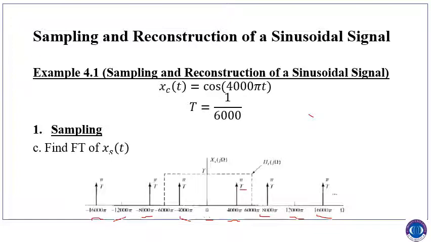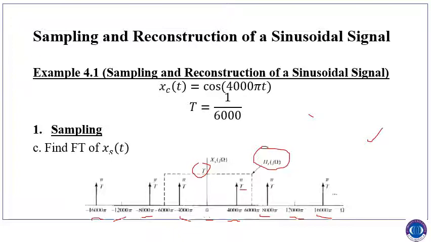So this is the spectrum, and now we are reconstructing it. How can we reconstruct it? I told you that we need a filter. Here is the frequency response of a low pass filter, which we also call the reconstruction filter. First of all, the gain of this filter will be T, and the cutoff frequency will be half of the sampling frequency.